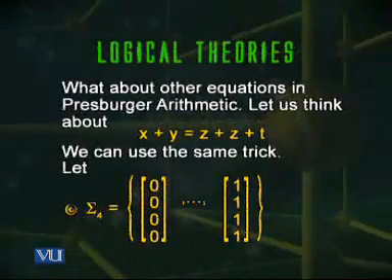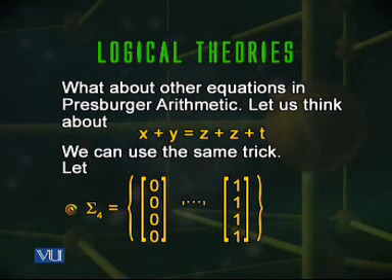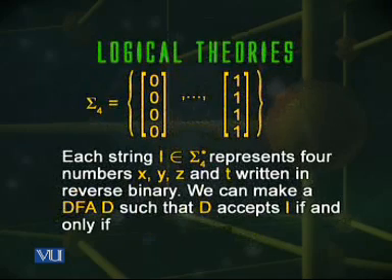Let sigma 4 be this alphabet, so each character can be thought of as a column of size 4, and we place all possible zeros and ones in it. So there will be 2 to the 4 characters in this alphabet. Once we look at a string I over sigma 4 star, that naturally represents 4 numbers x, y, z, and t written in binary or reverse binary.